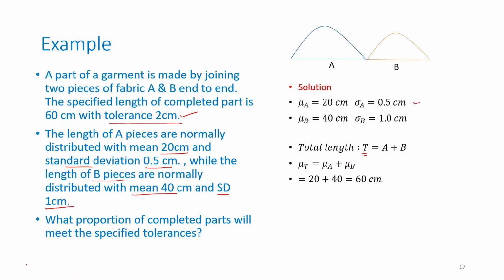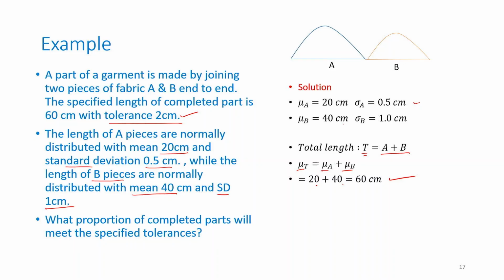So we need to know what is going to be the mu value of T. So what is mu T? Because it's a linear function, mu T is going to be mu A plus mu B, 20 plus 40, which is 60. So finding out mu T is extremely easy.